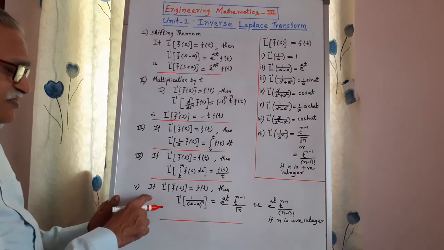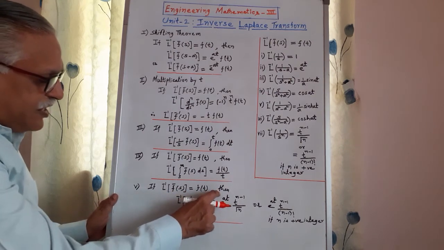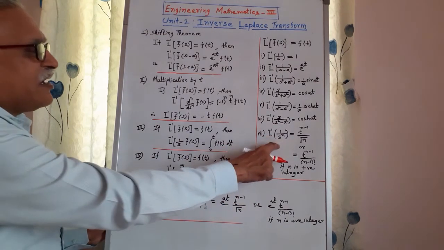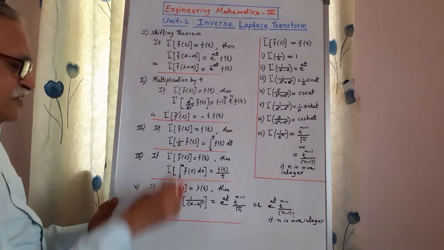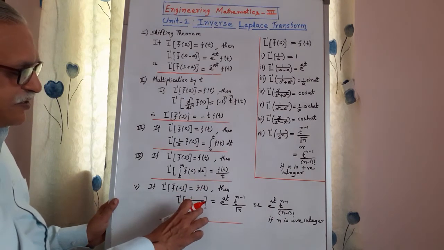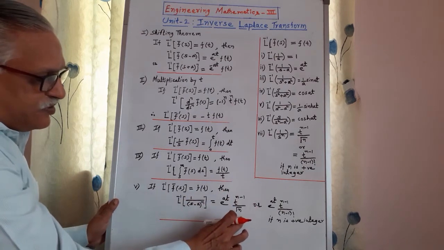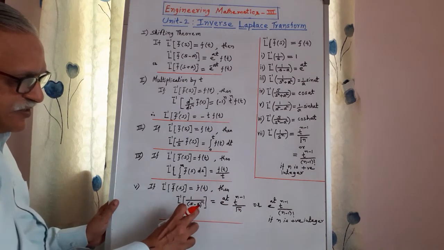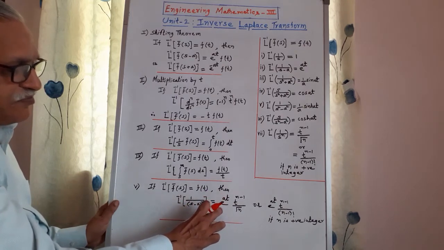And one more, the last one: if inverse of f bar of s is f of t, then from this result and using the shifting theorem, a combination of these two theorems, we get inverse of 1 upon s minus a whole raised to n is equal to t raised to n minus 1 upon gamma n multiplied by e raised to at if it is s minus a, and if it is s plus a we have to multiply by e raised to minus at.